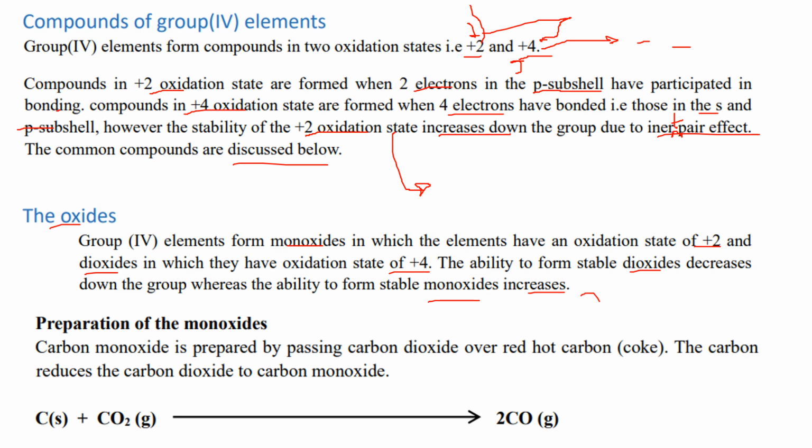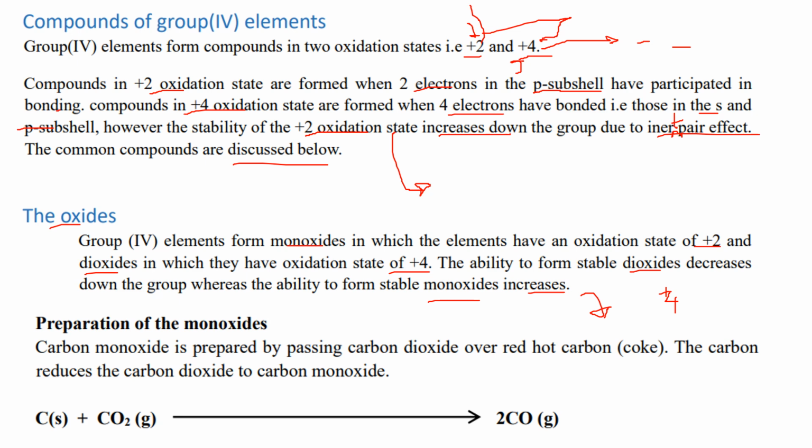That's why lead forms lead(II) oxide, and the others form dioxides, or +4 oxides. The reason is the inert pair effect: the stability of the +2 state increases down the group, and the stability of the +4 oxidation state decreases down the group.